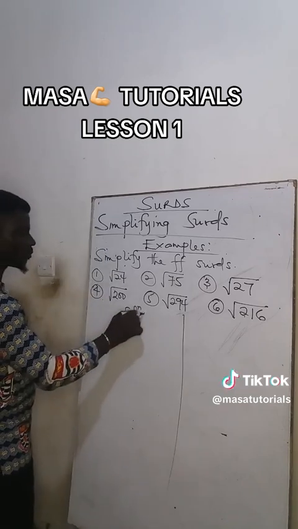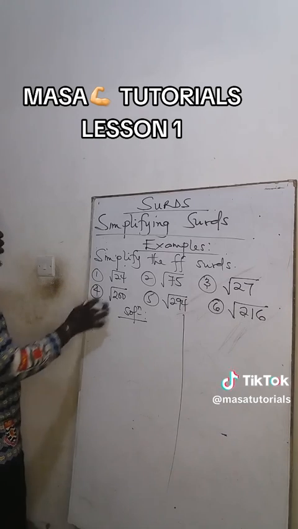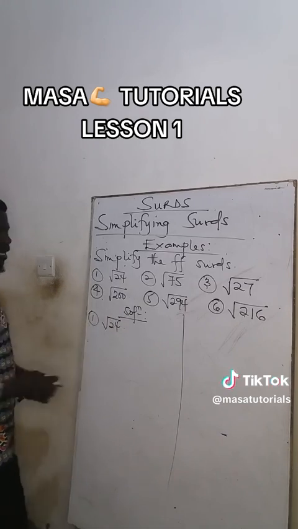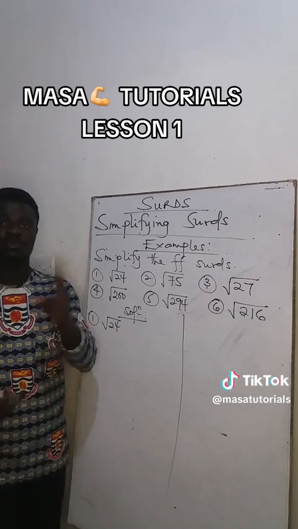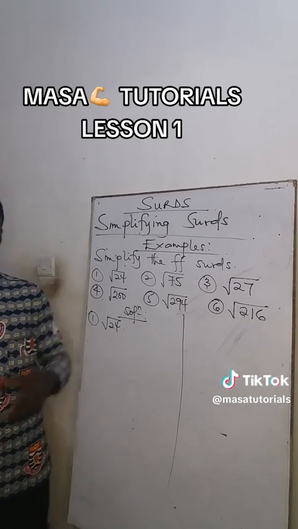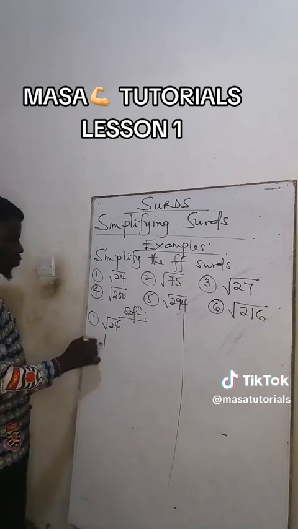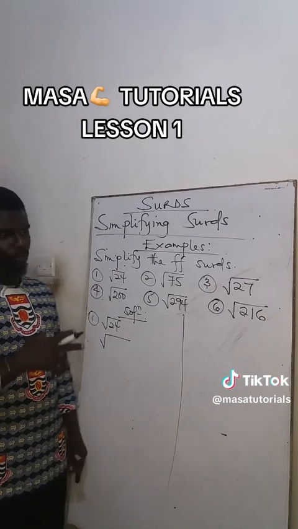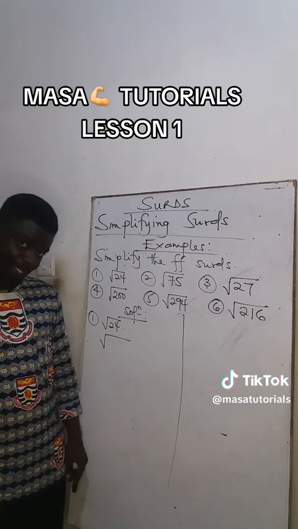The solution here. The first one, we want to reduce this surd, square root of 24. And don't forget, I said get 2 numbers that, when you multiply, you get 24. One of the numbers should be a perfect square. So we have 4 times 6. 4 times 6 is 24.